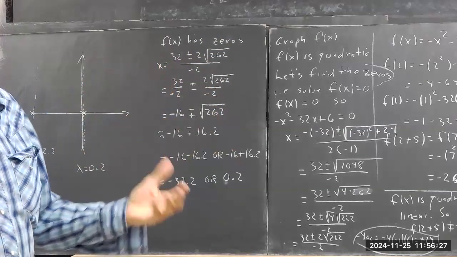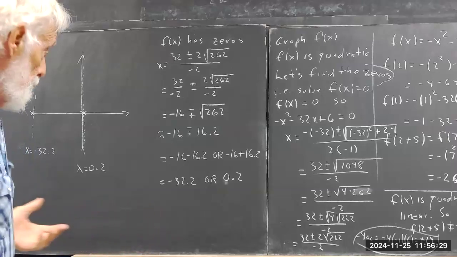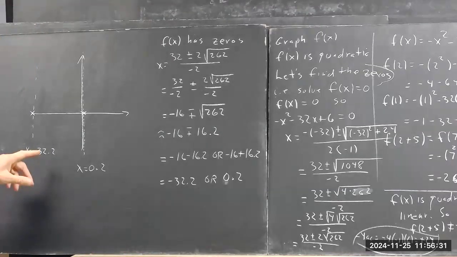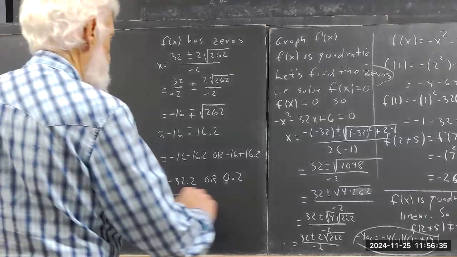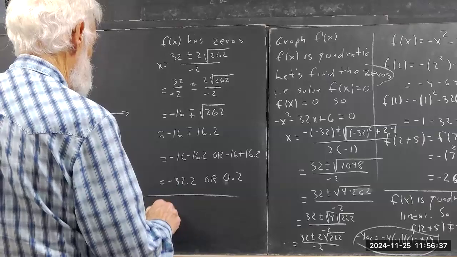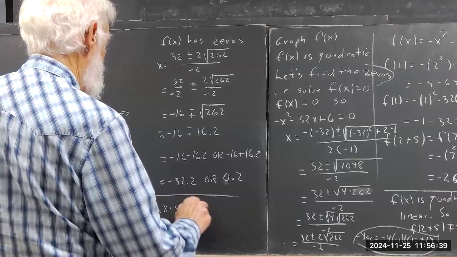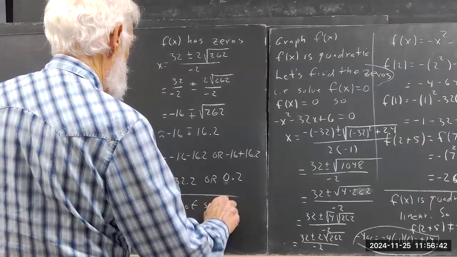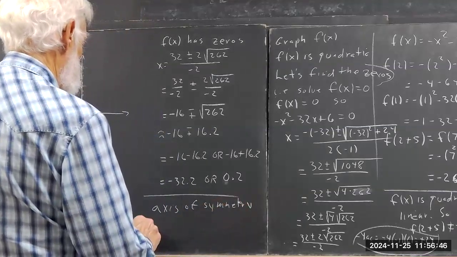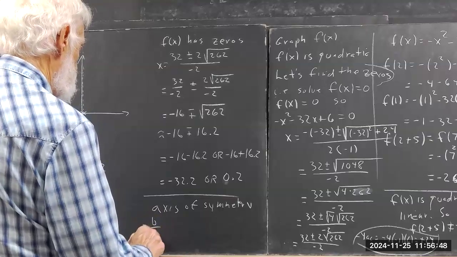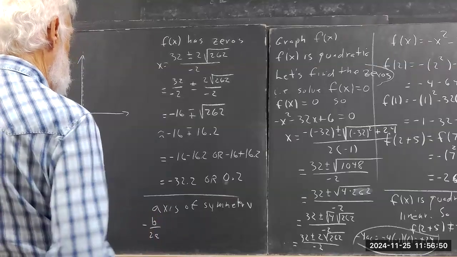It's a parabola. It's symmetric. Well, we can find the axis of symmetry. Remember, I've told you that's at negative b over 2a.